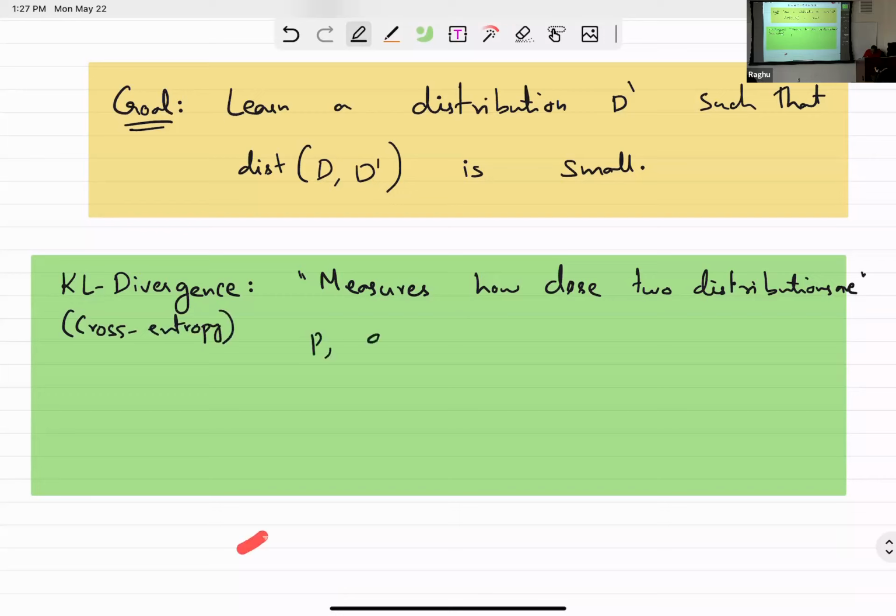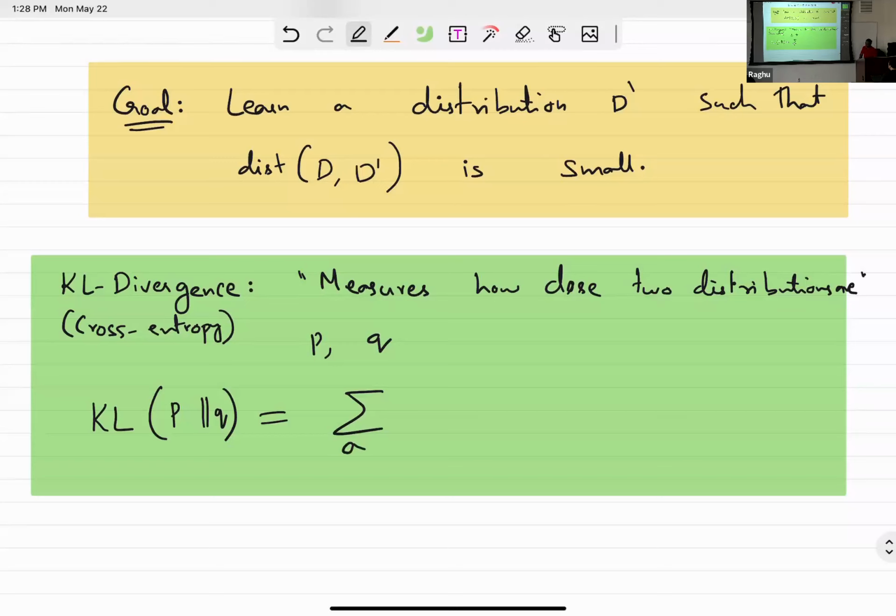If I have two distributions, P and Q, the KL divergence of P over Q is, it's not a distance because it's not symmetric. When we think of distance, usually we think of it as symmetric, right? When I swap the two things, the distance should not change. For KL divergence, that's not true, but that's okay.